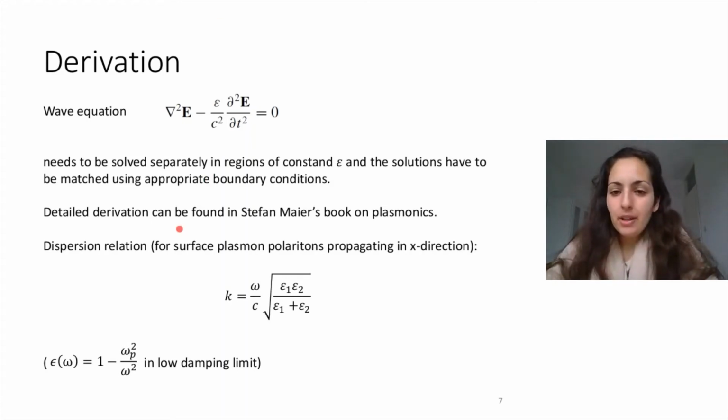The derivation is shown in detail in Stefan Maier's book on plasmonics, which I'm also referencing on the Canvas side. I think it's also shown in the Fundamentals of Photonics book. I am referencing this Stefan Maier book a lot when it comes to plasmons, because he was really one of the pioneers in figuring out a lot of the physics and a lot of the applications.